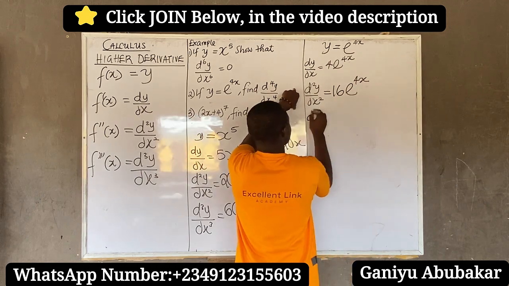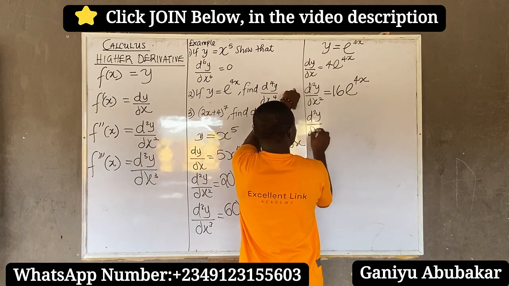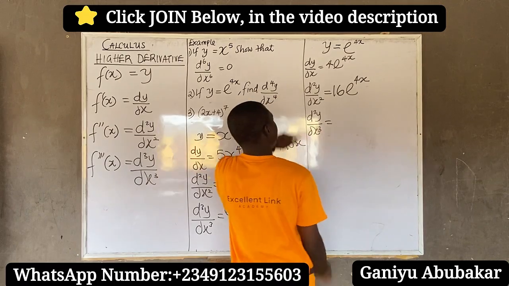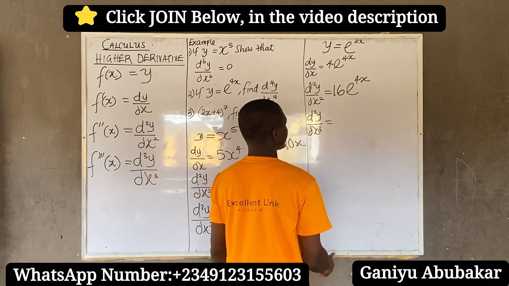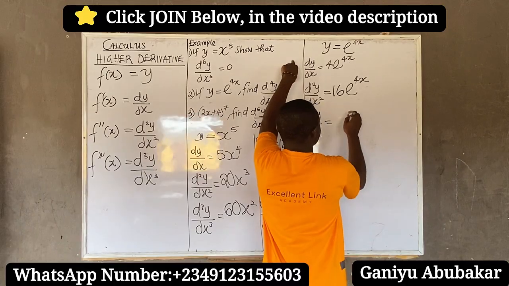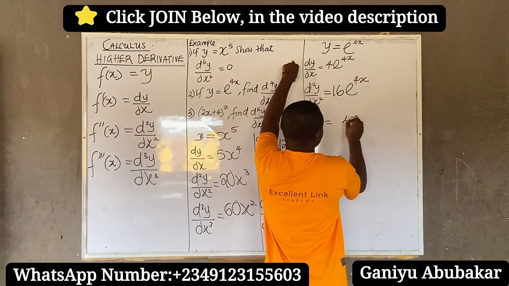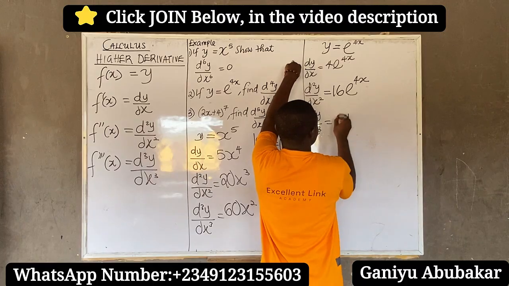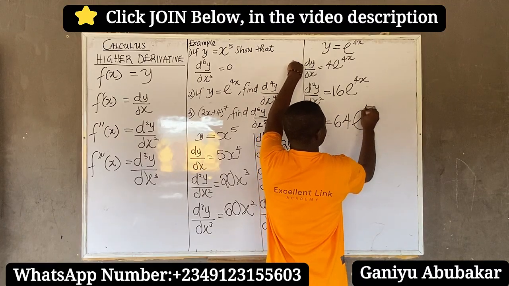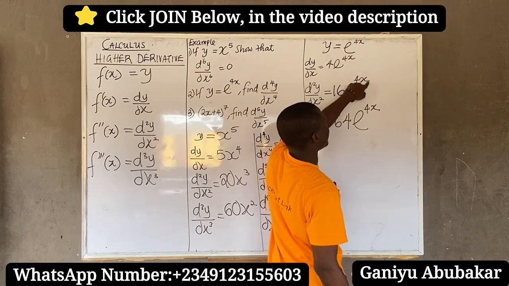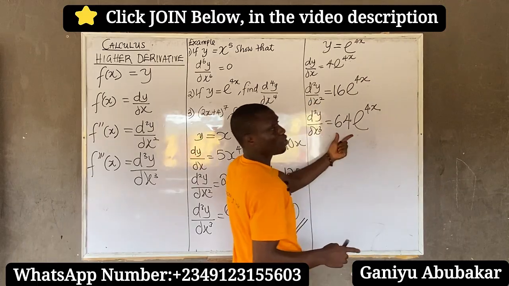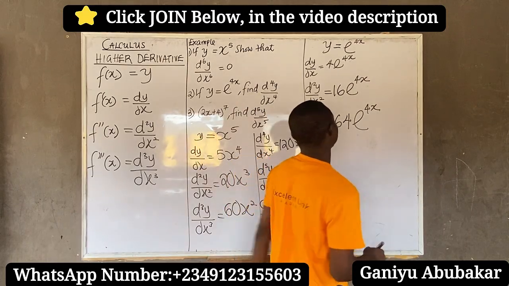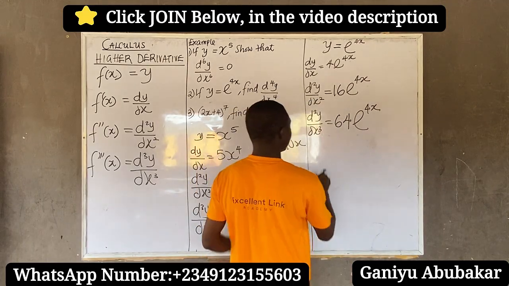Again, this gives you the cube y over dx cube. If I differentiate this one again, that gives you 64 exponential 4x. Differentiate 4x, that gives you 4. 4 times 16 gives you 64. Then this one comes back here. I'm going to 4, so moving on to 4.